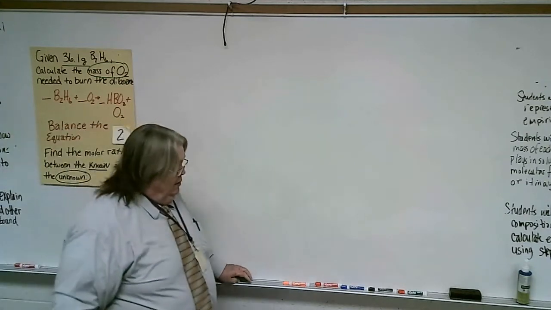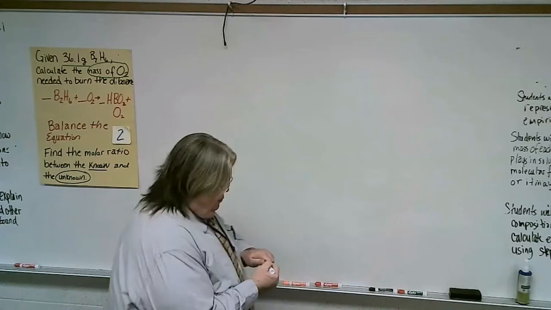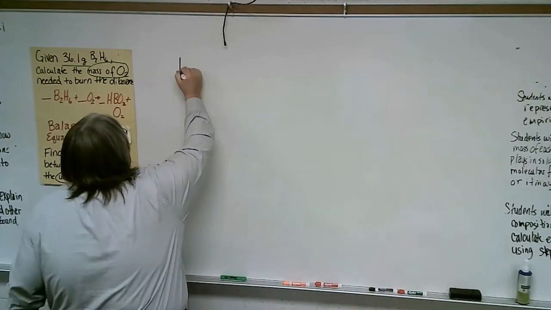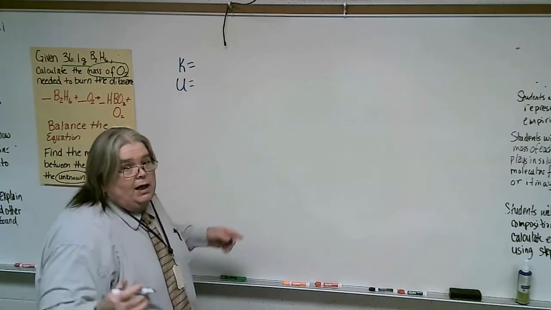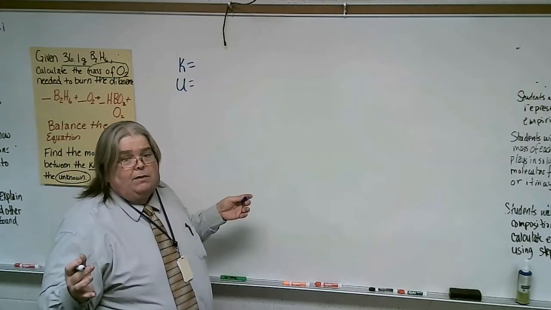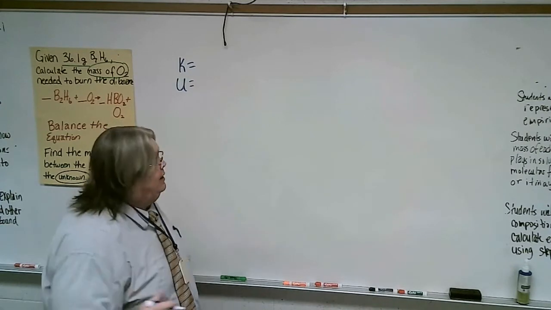Then we can come over and do our K and our U. So K equals, U equals. And anytime we're going from mass to mass, we need to find molar mass.